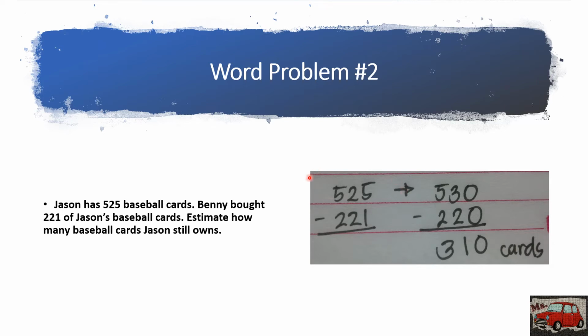So yung 525, the 25 will become 30. And the 221, yung 21 magiging 20. Alright? So we have now 530 minus 220. Okay? So if you minus that, the answer is 310 baseball cards. Alright? So ito na lang yung natirang baseball cards ni Jason.